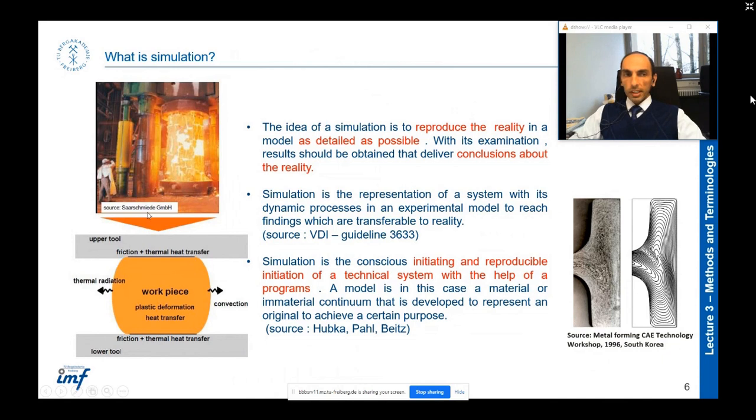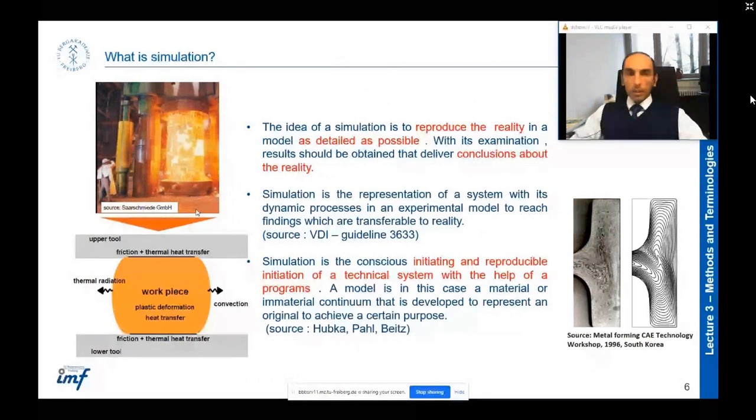So before carrying out the practical case, we have to gather some information about the process, and simulating the process is one of the ways we can analyze the process before carrying it out.